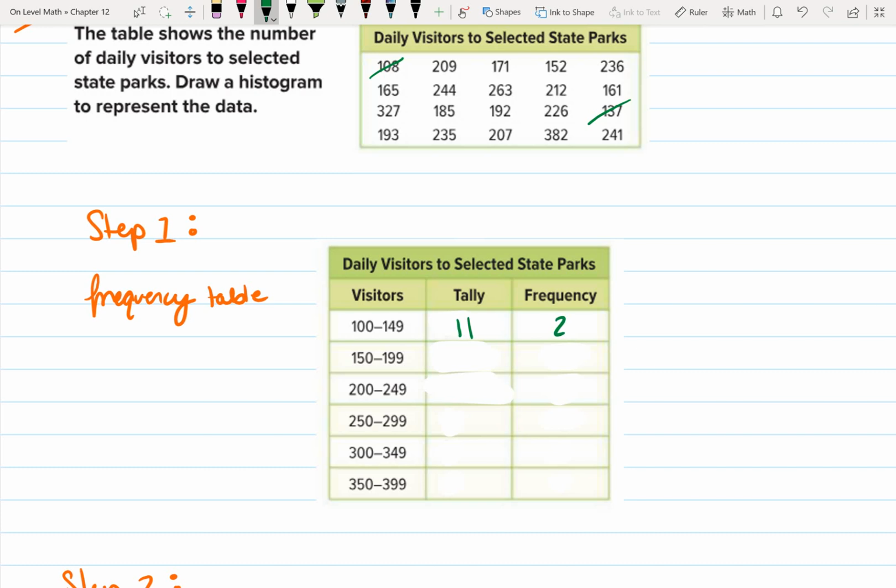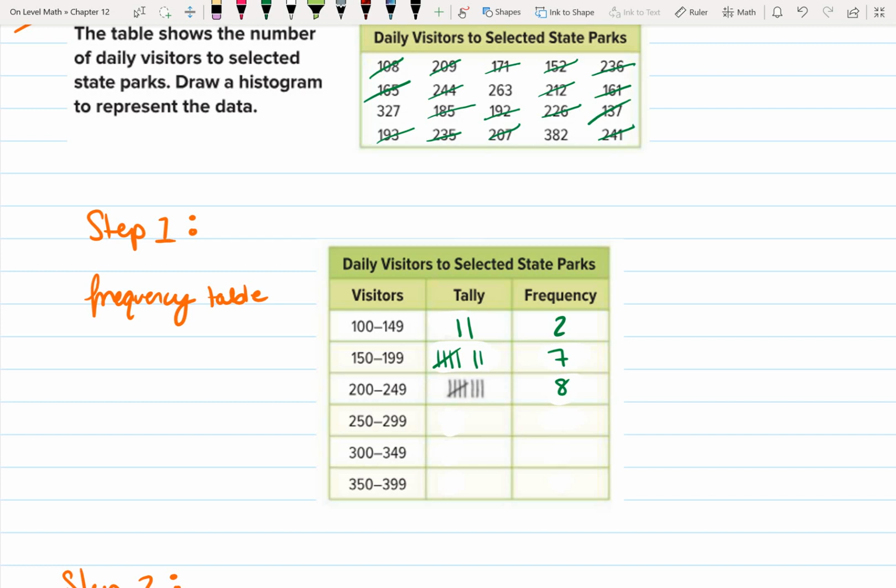150 to 199. So 1, 2, 3, 4, 5, 6, 7. 200 to 249. 1, 2, 3, 4, 5, 6, 7, 8.